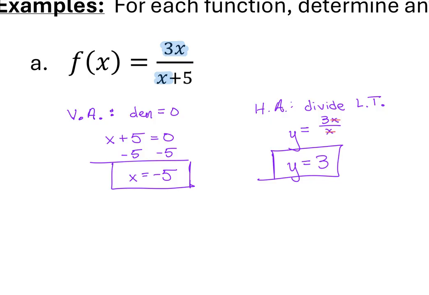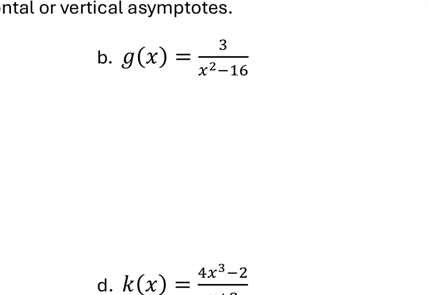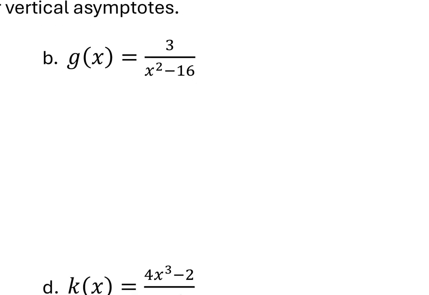All right, let's look at a couple more and see what we can do. Let's come over to example B. In example B, we're going to start with vertical asymptotes again. We have denominator equals 0. So if we set the denominator equal to 0, you can either factor or use the square root property. We get x squared equals 16.